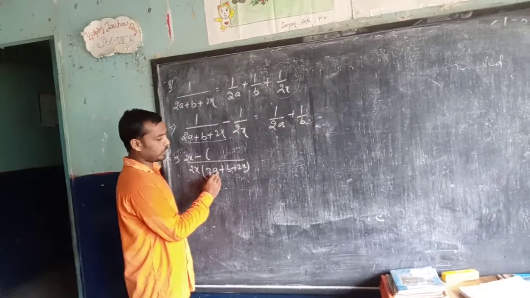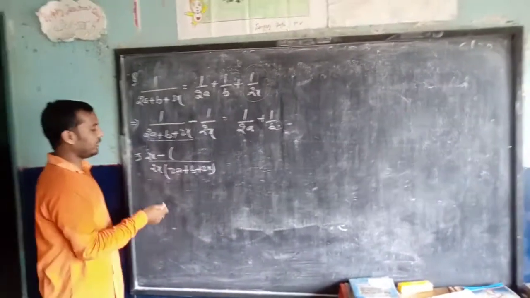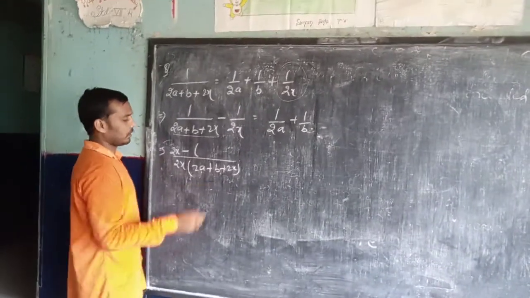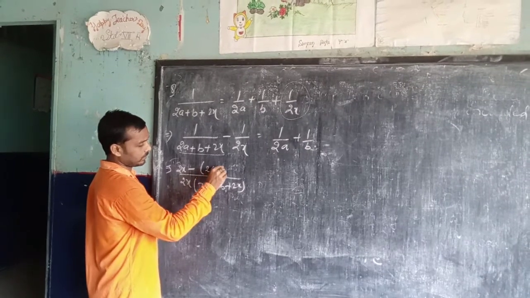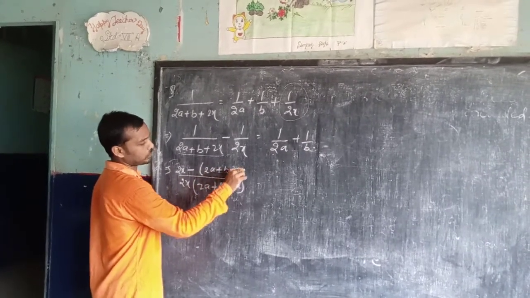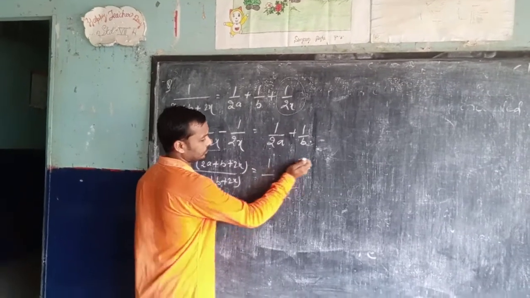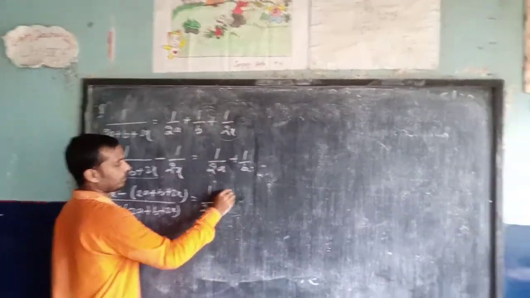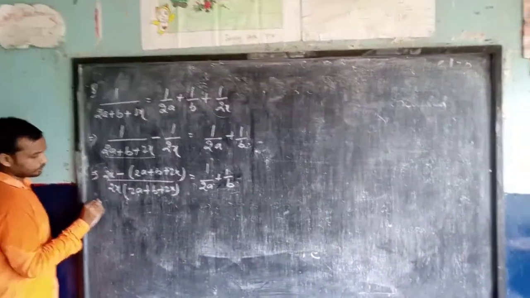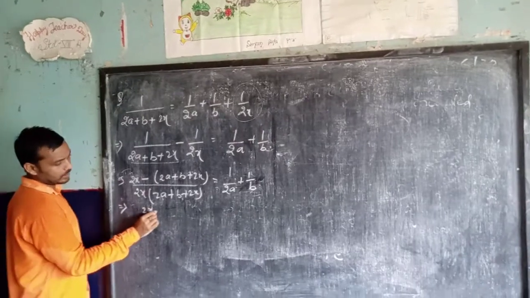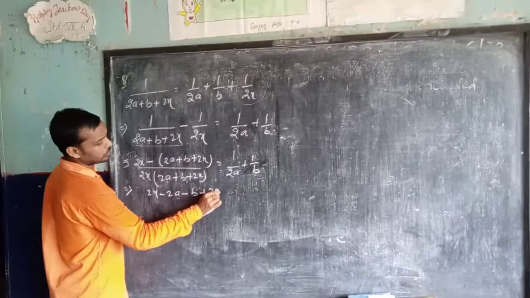We are left with (2a plus b plus 2x), which multiplied with 1 remains as it is. Here 1 by 2a plus 1 by b. Okay. Now 2x minus 2a minus b plus 2x.